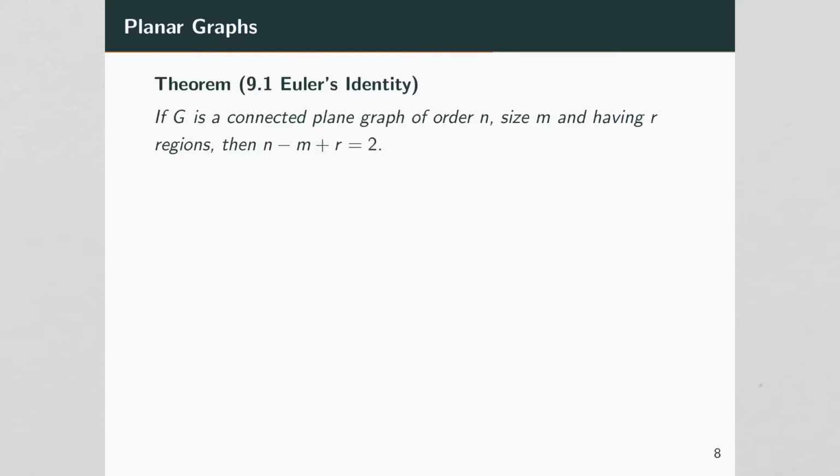So if we look at, say, K4, for example, we have n vertices, m edges, and 1, 2, 3, 4 regions. And we can verify that n minus m plus r does equal 2.